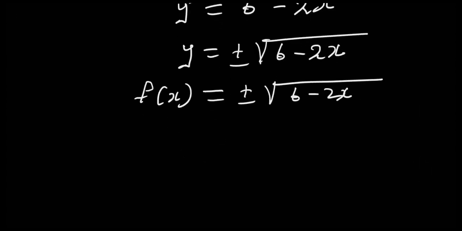So now for every input value that will be plugged into this function, that is going to lead to two different output values because of the plus and minus sign that you have here. One of the answers will be positive while the other will be negative. Therefore, this relation is not a function. I hope this makes some sense.